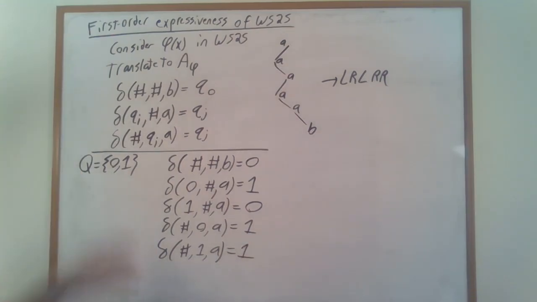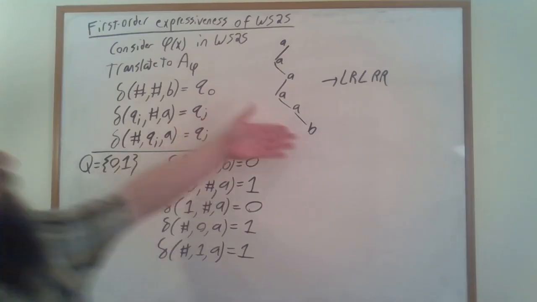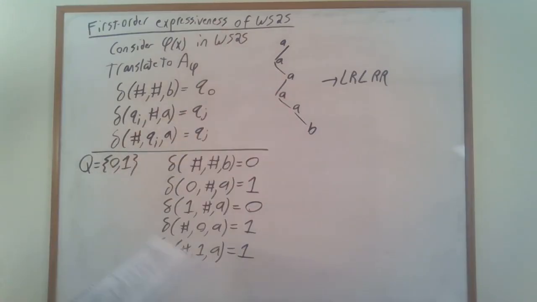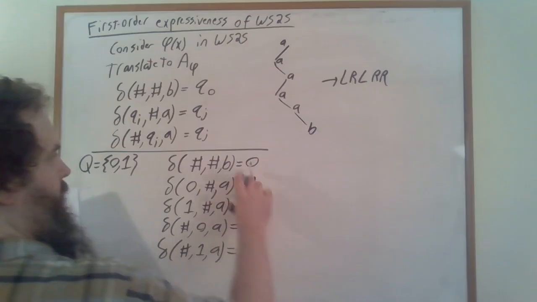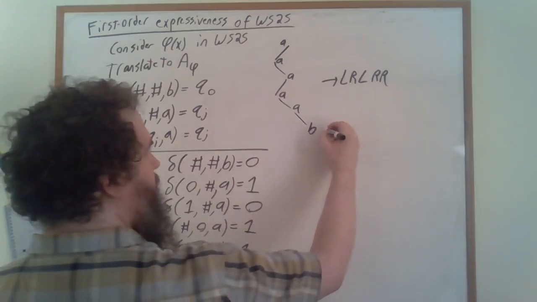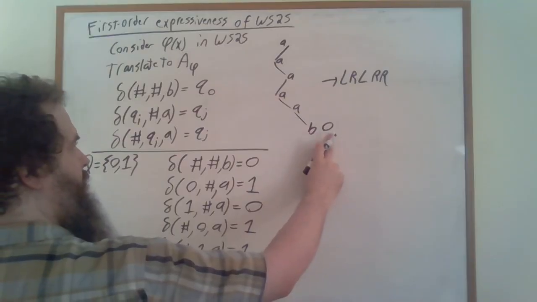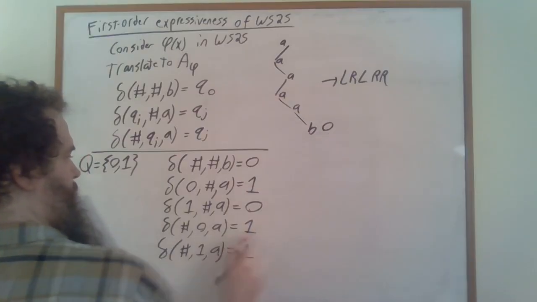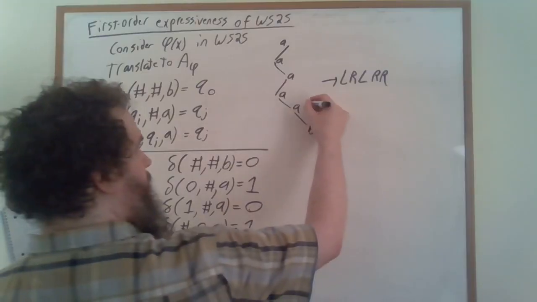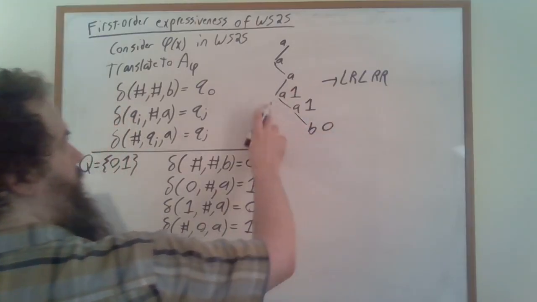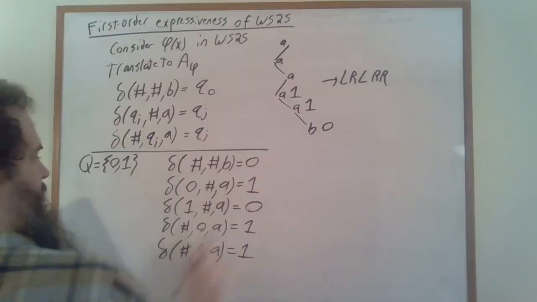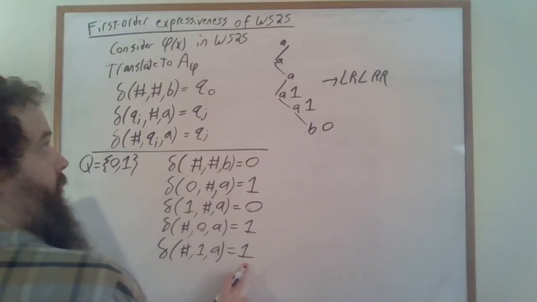And let's imagine running this automaton on this particular tree word here. We're going to associate state 0 to this node here. This A has a right child with state 0, so we associate state 1 to it. This A has a right child with state 1, so we associate a state 1 to it.